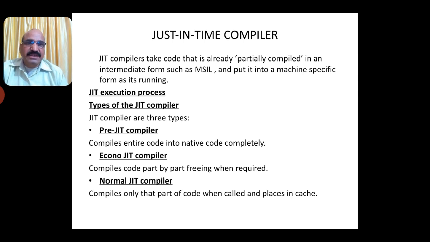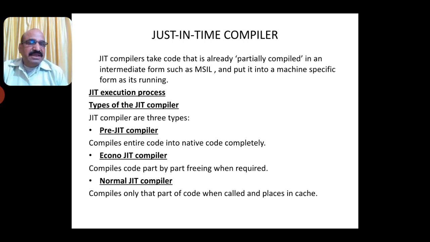Next one is the normal JIT compiler. This compiler compiles only that part of code when called, and it is placed in the cache. Normal JIT only compiles the methods which are called at runtime.